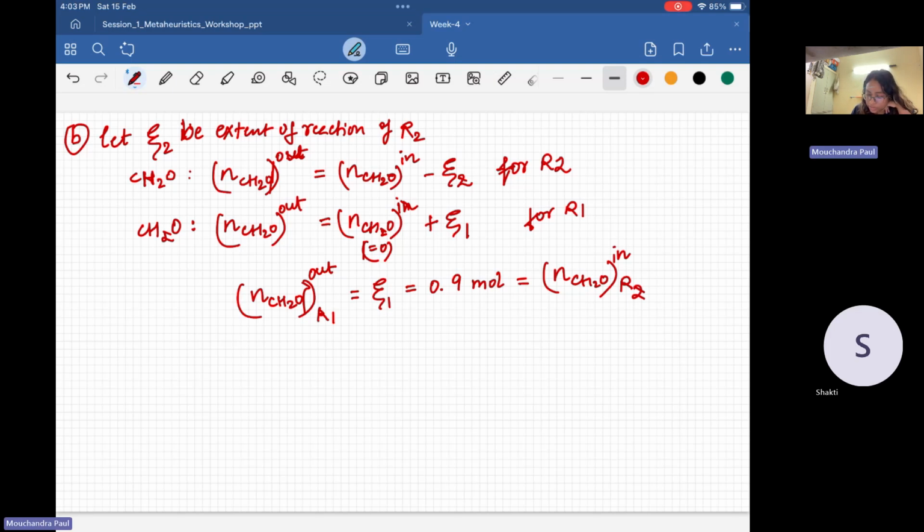Okay, so if we fit this value into this particular expression, we still have to calculate xi2.